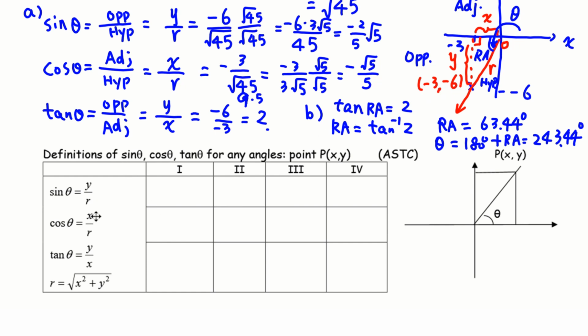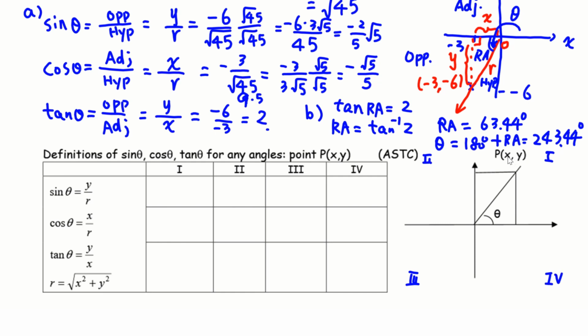So based on the definition for sine, cosine, tangent equals xy coordinate and the distance from that point to the origin, we could determine the positive or negative for each ratio in each quadrant. So we start from this one, the first quadrant, then counterclockwise, second quadrant, third quadrant, and the fourth quadrant.